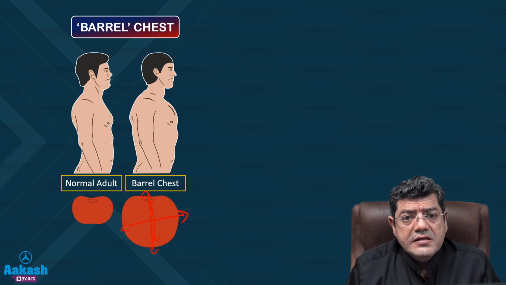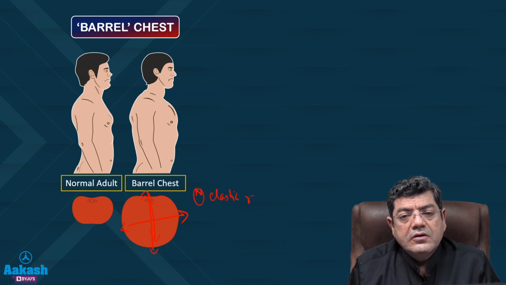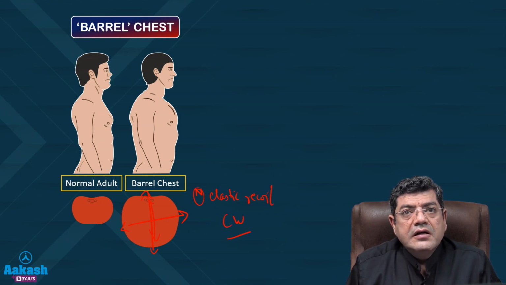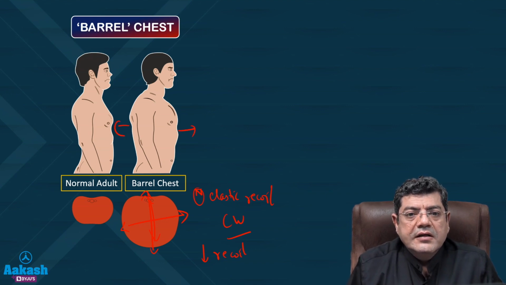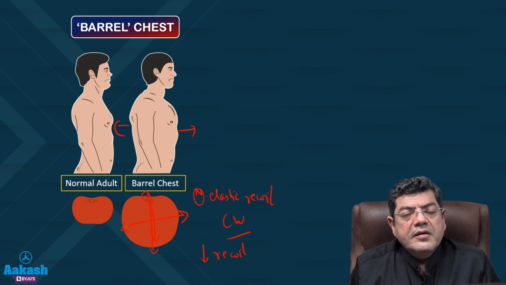The barrel chest is an expression of the normal elastic recoil of the chest wall, which is now getting freed from the inward recoil. The normal elastic recoil of the chest wall is outward, correct? The normal elastic recoil of the pulmonary parenchyma is inward.